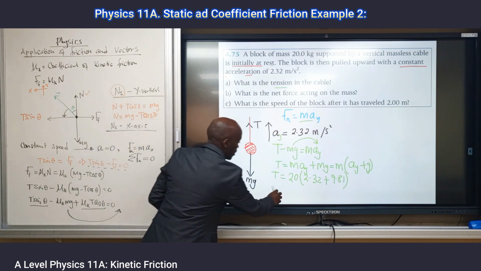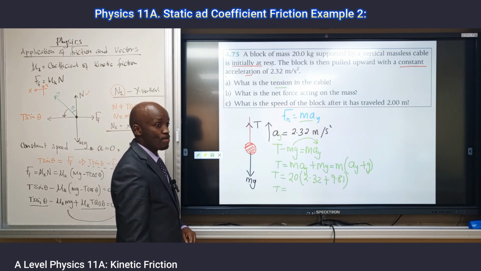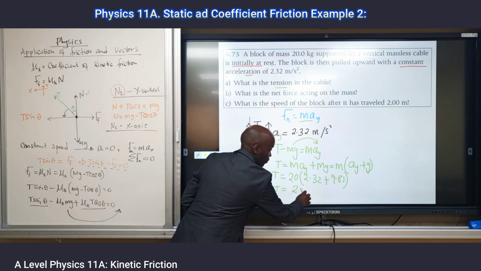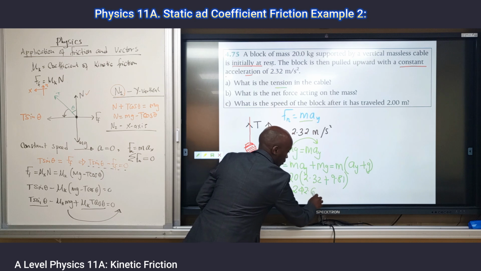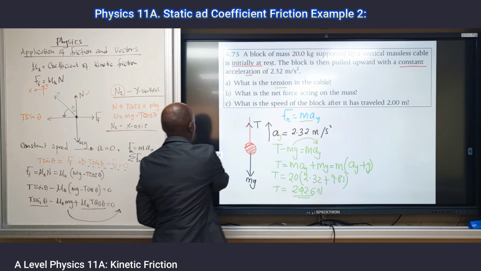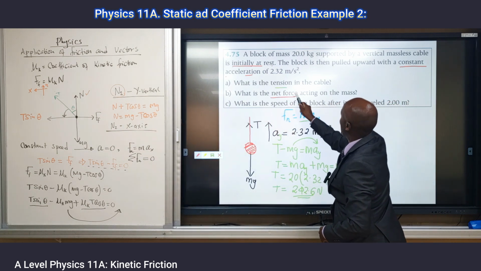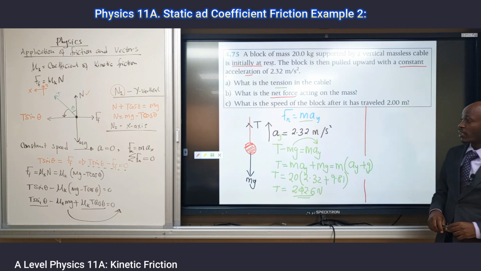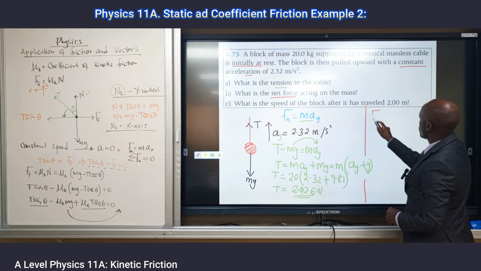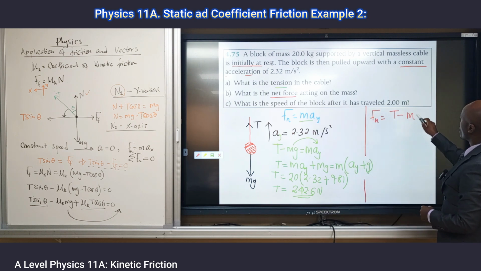So with that, what's the answer? What did you get as the answer? 242.6 newtons. That's it. Asking the other question: what is the net force acting on the mass? The net force is simply the upward force, tension, minus the downward force mg.